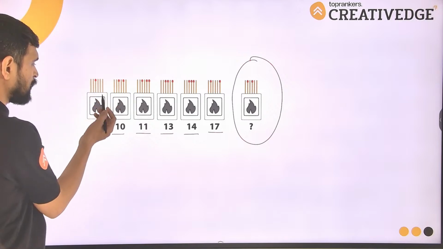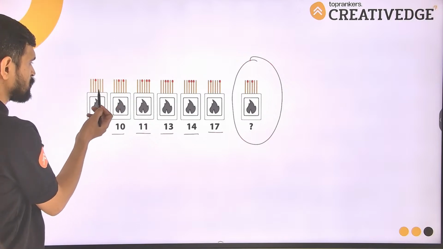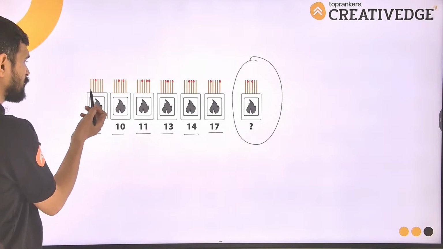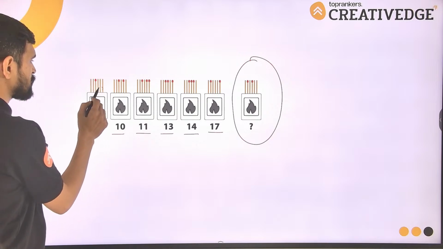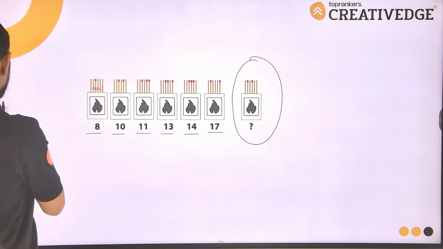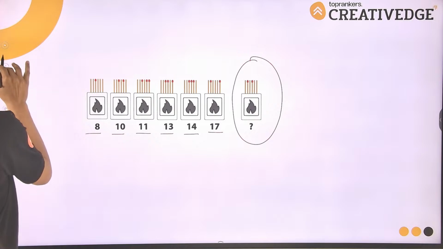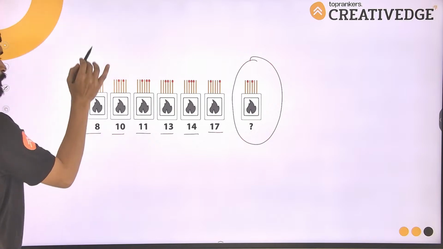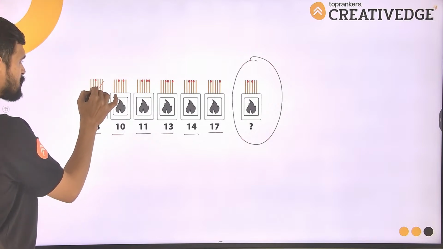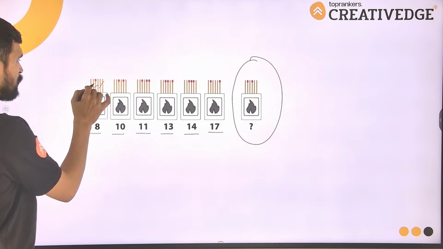See, number of matchsticks, 1, 2, 3, 4, 5, 6. So number of sticks here are 1, 2, 3, 4, 5, and 6. So let's count those sticks once again so that we are doubly sure about it. This is 1, 2, 3, 4, 5, 6.